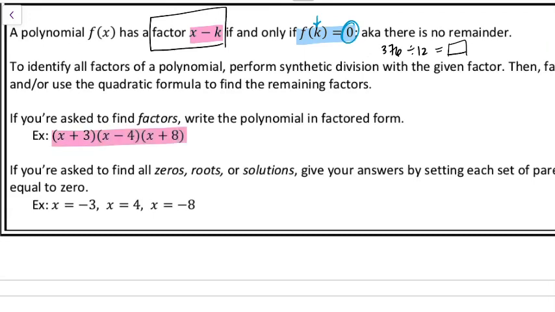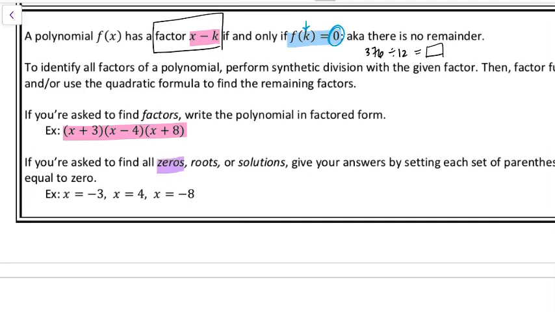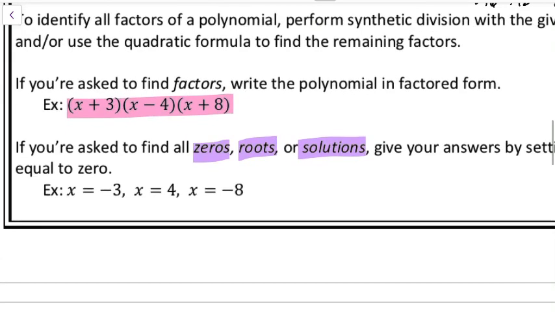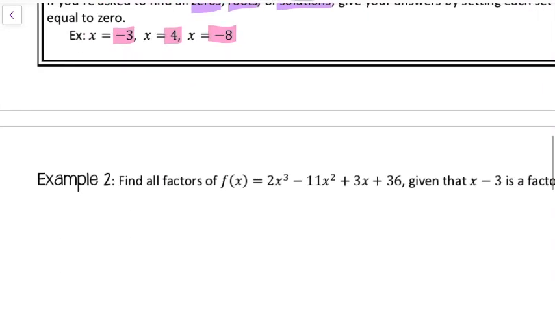Those each individually, so those linear binomials, are each factors. But if you're asked to find zeros or roots or solutions or x-intercepts, you give your answers as x equals something. So you set each of those parentheses equal to 0, right? We'd get -3, +4, and -8 from those parentheses from up above. So again, just keep that in mind, pay special attention to the wording.